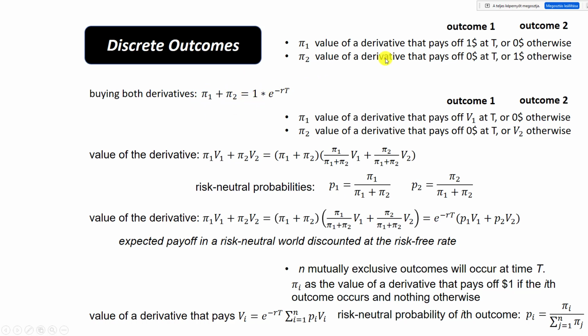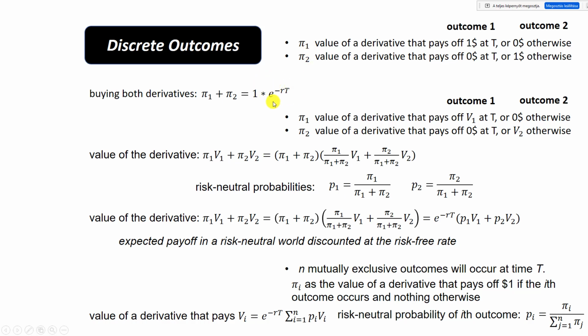Obviously, I will get this wonderful $1, and practically what I'm doing right now is buying the present value of this $1. So that's the reason that it's just 1, because altogether if I'm adding these oppositely related derivatives together, then I can get the present value.